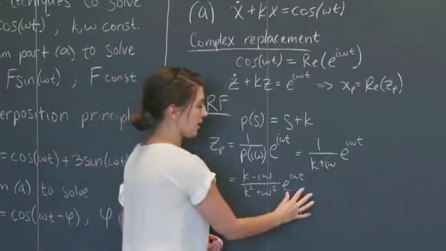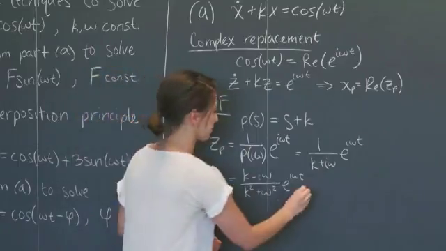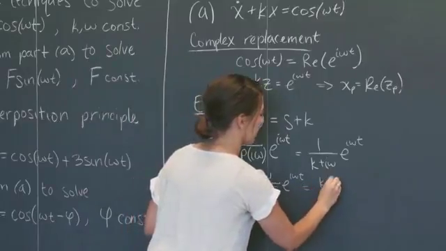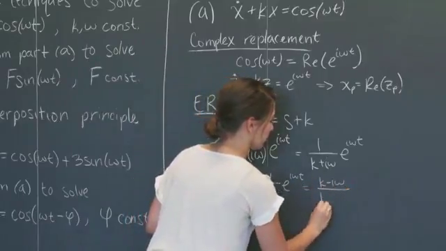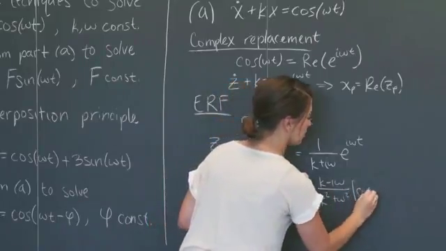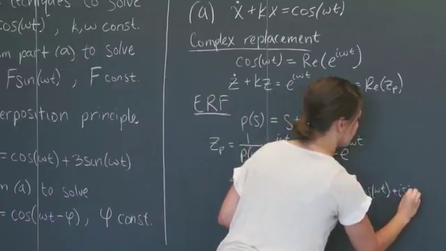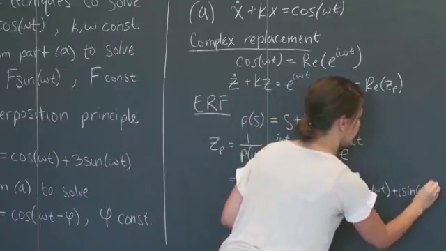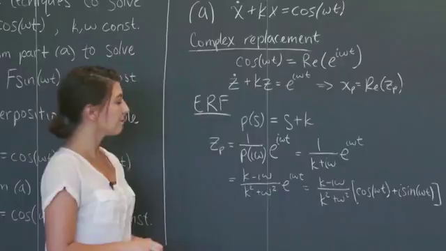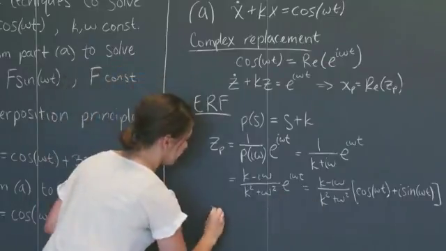We also want to write this as a sum of sines and cosines using Euler's formula. So we get k minus i omega over k squared plus omega squared times cosine of omega t plus i sine omega t.